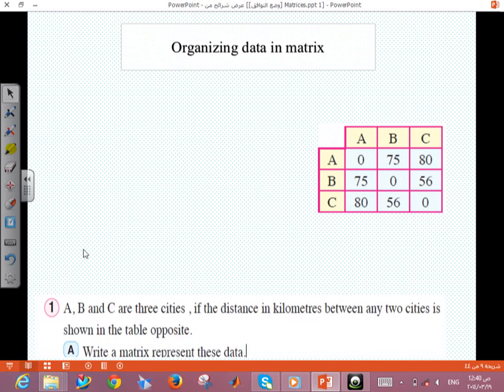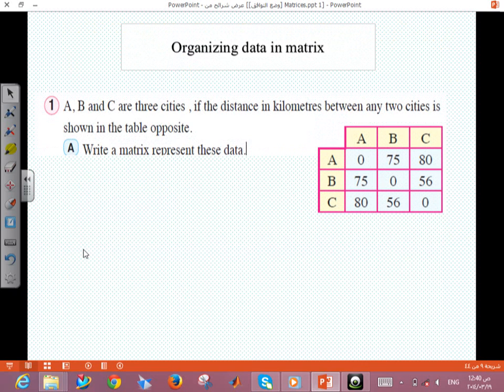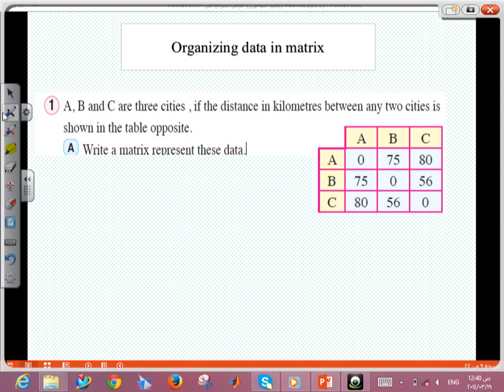Organizing data in a matrix. That's an example. If A, B, and C are 3 cities, the distance in kilometers between the cities is shown in the table. Write a matrix that represents this data. Okay, we do now the matrix that represents this data.